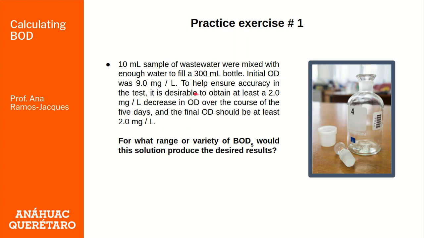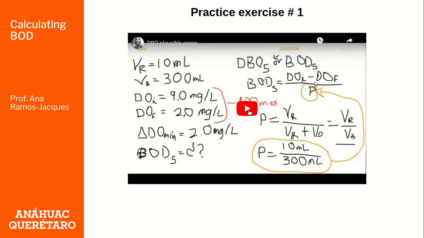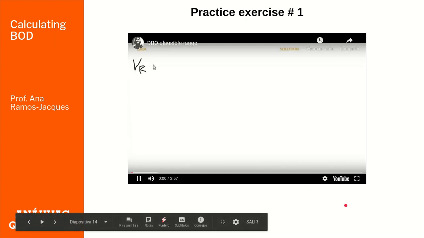We desire a 2.0 milligrams per liter decrease over the course of the 5 days. So we have this data. We are going to put it in here so you can see it.